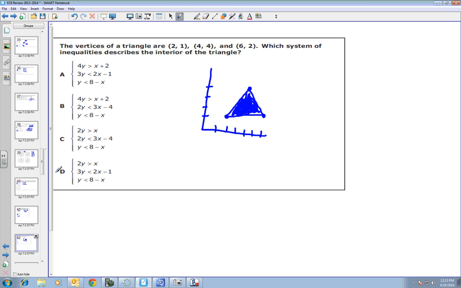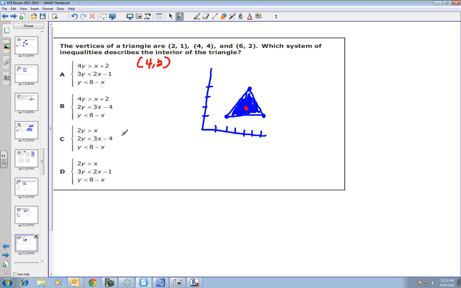So what we're going to have to do is pick a point on the inside of that triangle and plug those values in. So if I pick (4, 2), that's right on the inside. So I'm going to use the point (4, 2), and I have to plug it into each one to see if it works. Okay, so where do you want to start? A, B, C, or D?